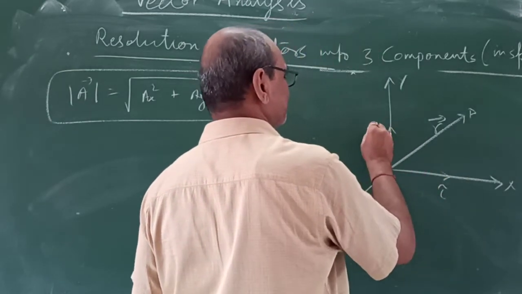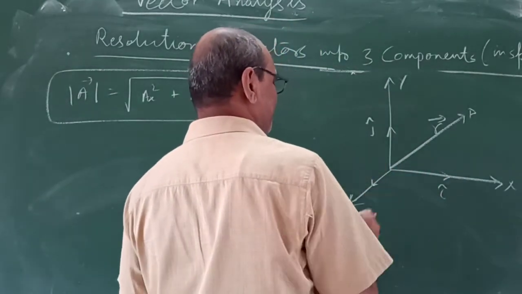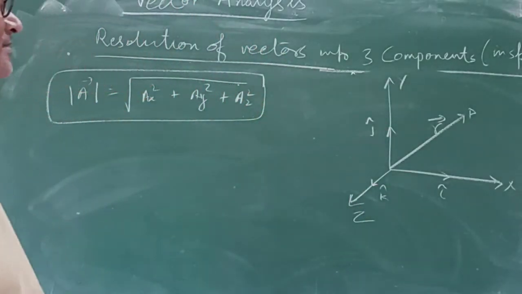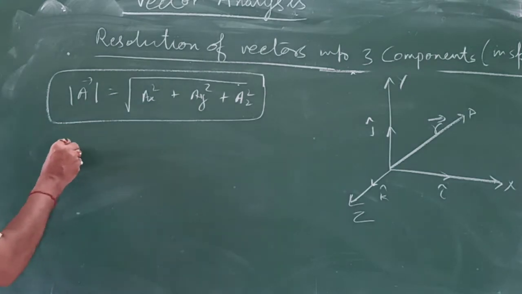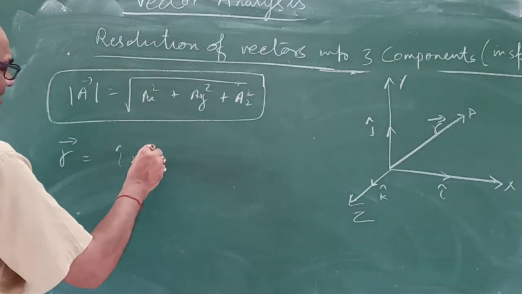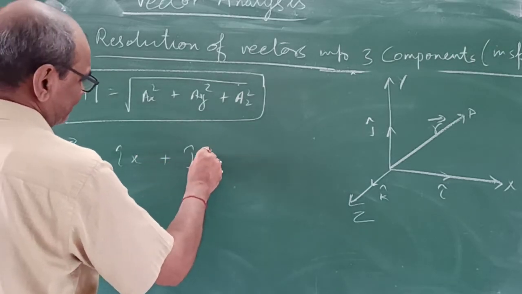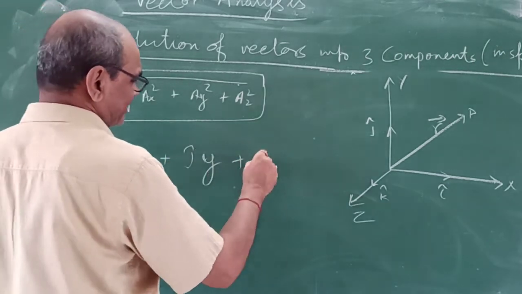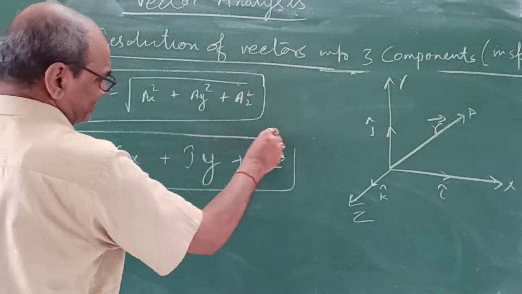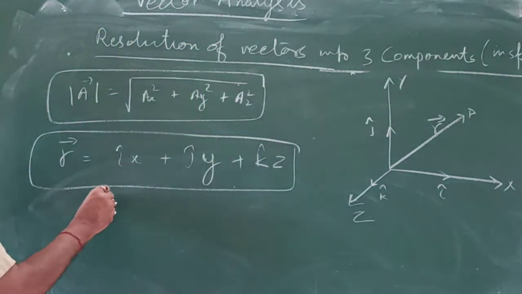Along the y-axis, j cap. Along the z-axis, k cap. Therefore, in the same way, vector r is equal to i cap x plus j cap y plus k cap z. What does it represent? It represents the position vector of the particle.